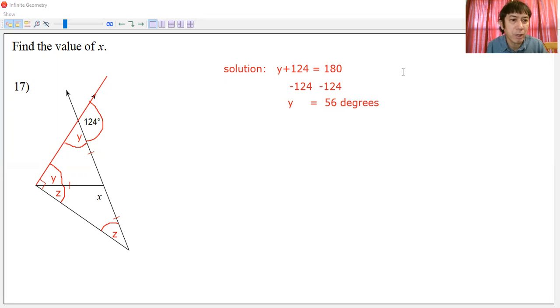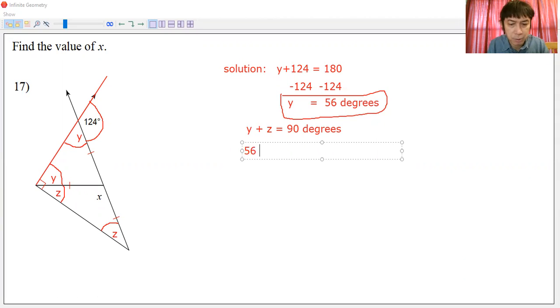After obtaining y, we can use the right angle symbol here. And so we have our next equation: y plus z must be equal to 90 degrees. We will now use the 56, which we already know. So our y here, we substitute the 56, and then the z, that's equal to 90.